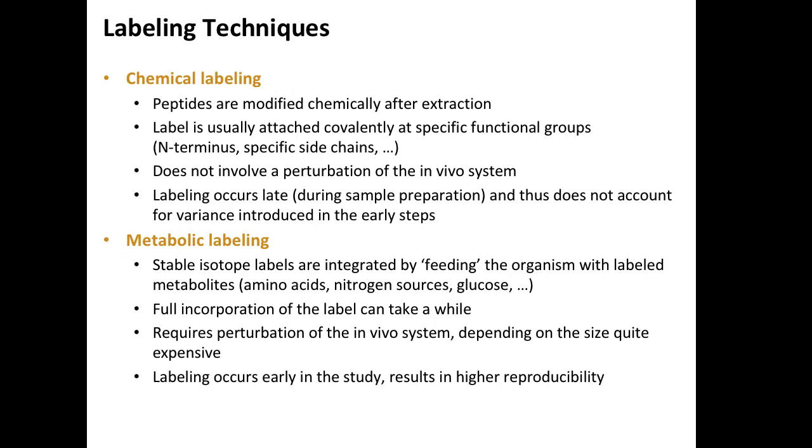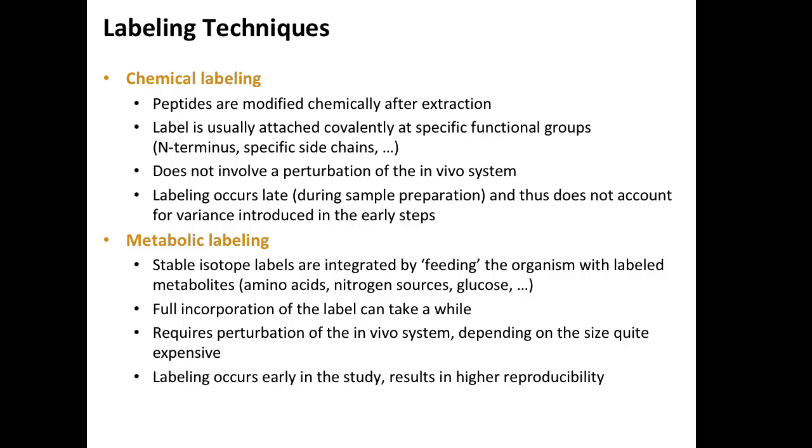So how does that work? Fundamentally, we have two different types of labeling that are common. One is chemical labeling. We extract all the peptides and we do something to them chemically after extraction. That means usually we attach something to either specific side chains or the N-terminus, C-terminus. And the advantage is that it does not involve a perturbation of the in vivo system. You do it after extraction.